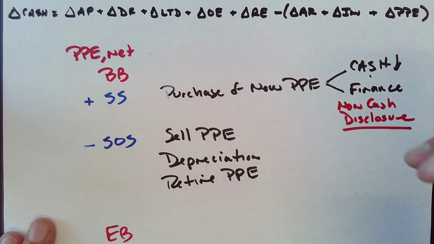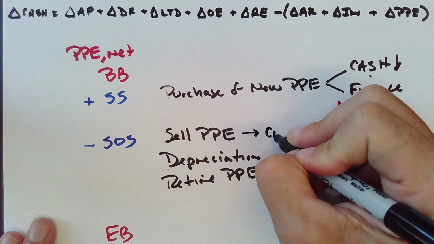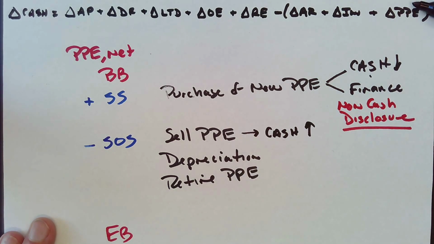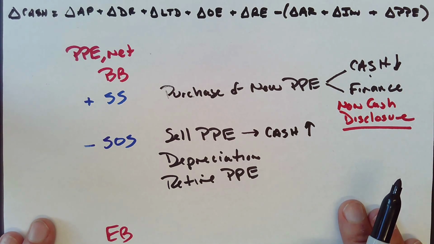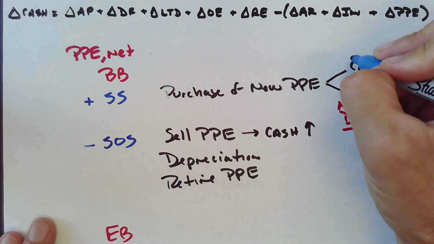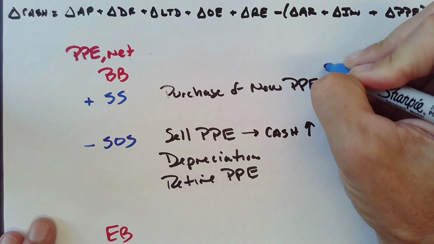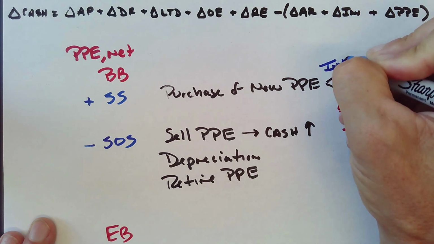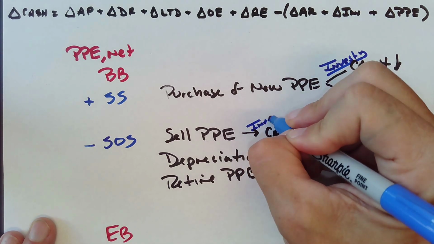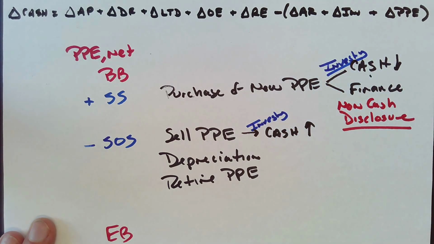Here, cash is going to go up. PP&E goes down. That means that the effect of that is cash goes up. These two items are going to be investing cash flows.